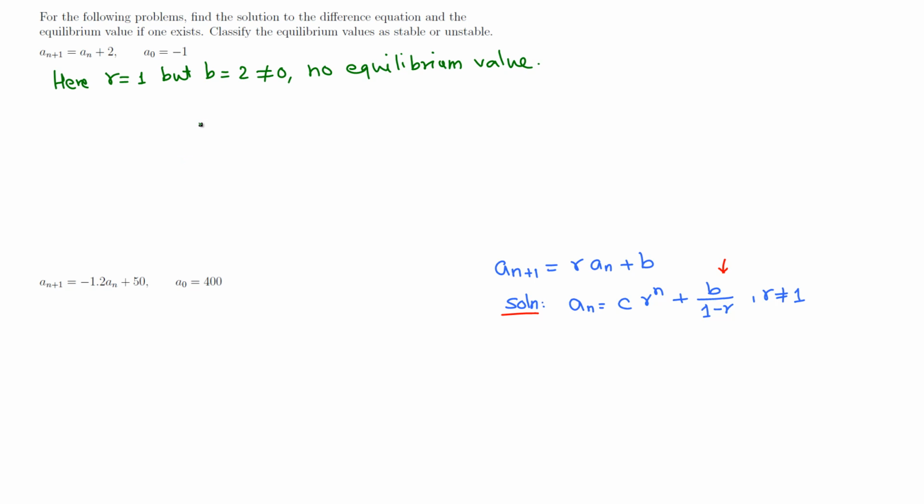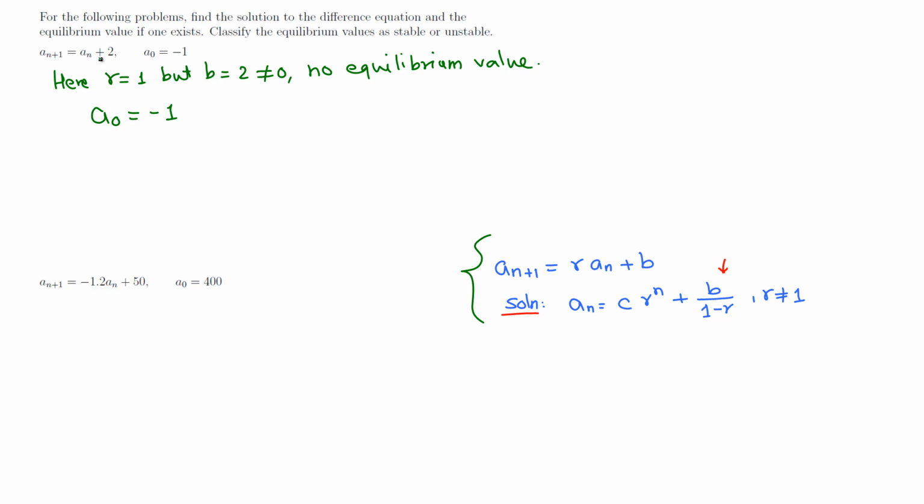Next, now we want to solve this system, and again we cannot use this formula because r is 1. So let's try to figure out the pattern. We're going to plug in a couple of numbers here for n equals 0, 1, 2, 3, 4, etc. Here a_0 is -1, that's given.